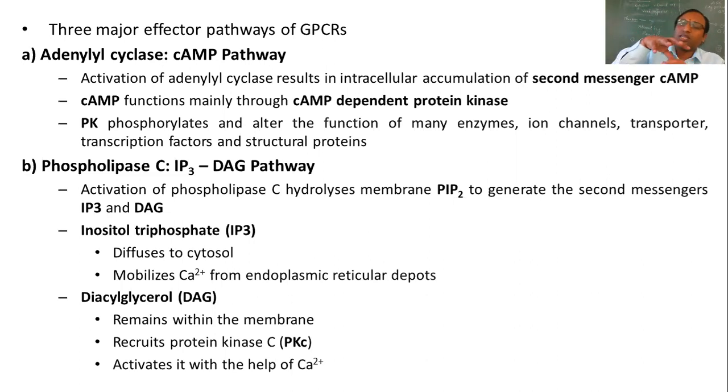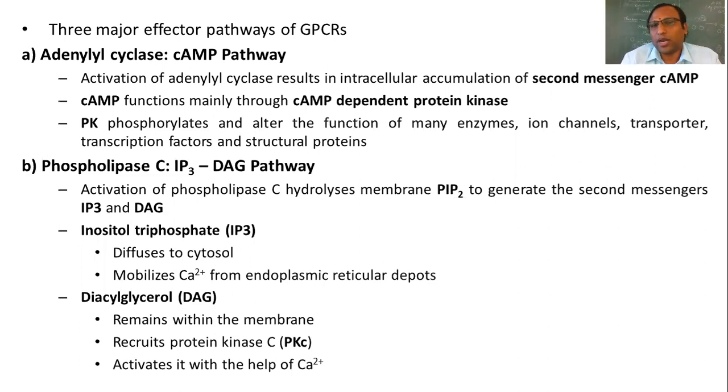Since the cAMP level is higher, cAMP functions mainly through the cAMP-dependent protein kinase. When the kinase comes, phosphorylation takes place, and thereby it alters the function of many enzymes, ion channels, transporters, transcription factors, and structural proteins.